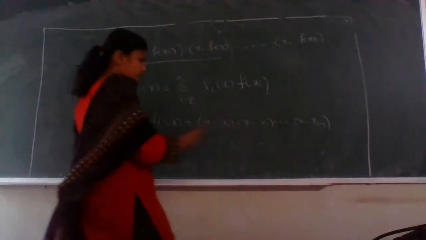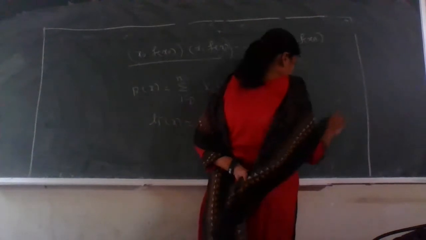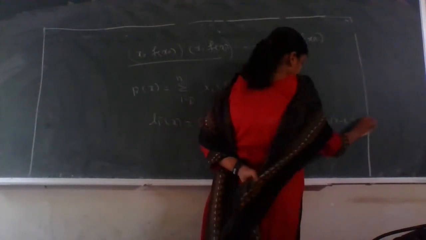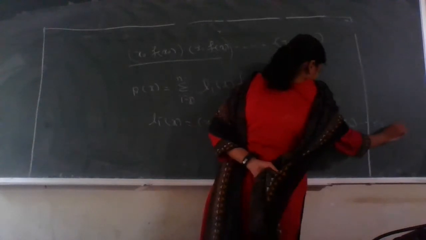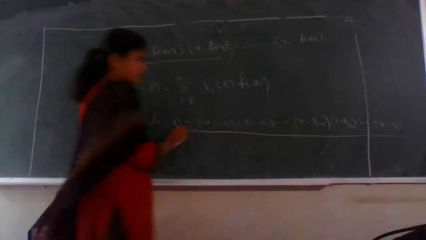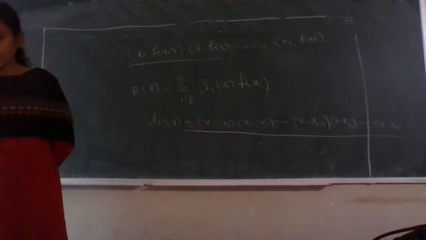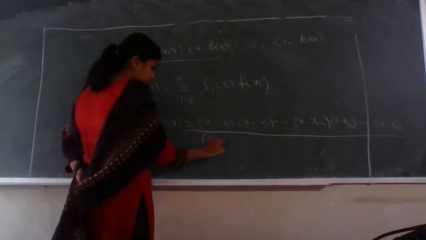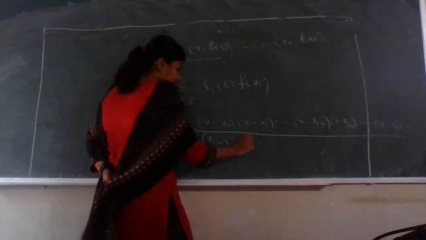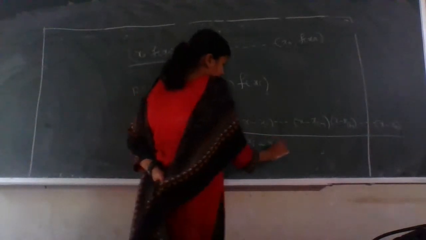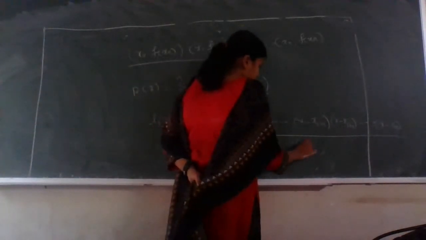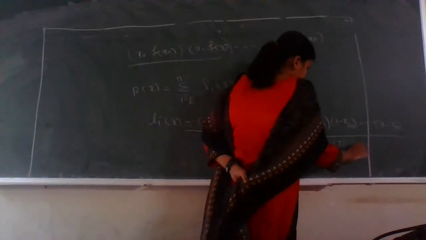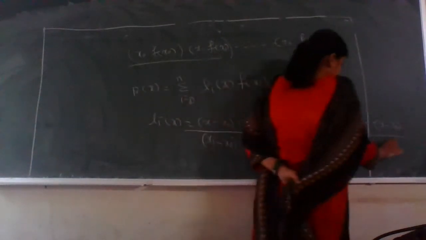As it is for i, then that term will be eliminated. So what we have next term is x minus xi plus 1, and finally we have x minus xn. Correct? So divided by, what is divided by here? But wherever x we have, it is xi minus x0. Here is xi minus x1. And the xi minus xi minus 1. Here it is xi minus xi plus 1. And so on. Xi minus xn.